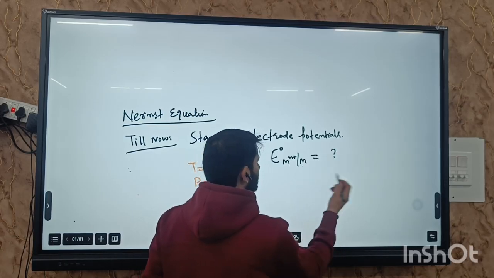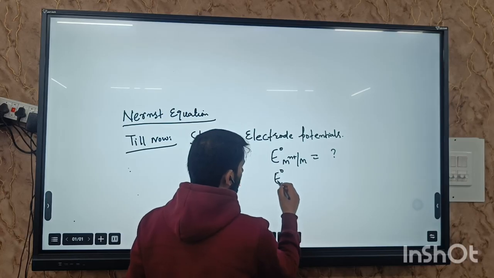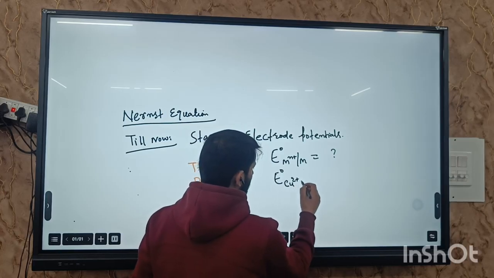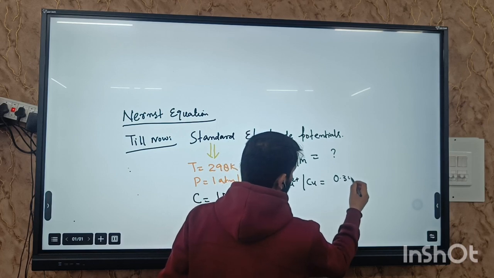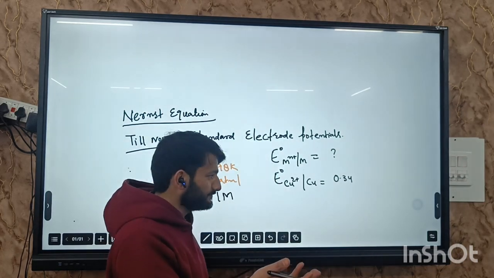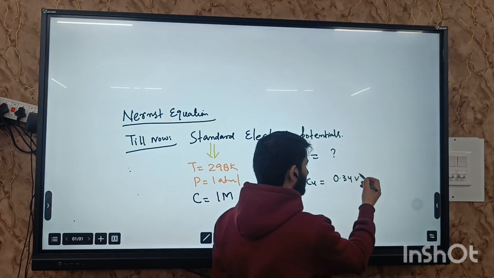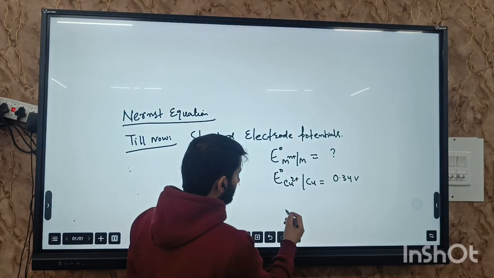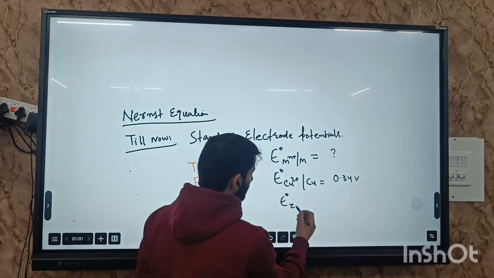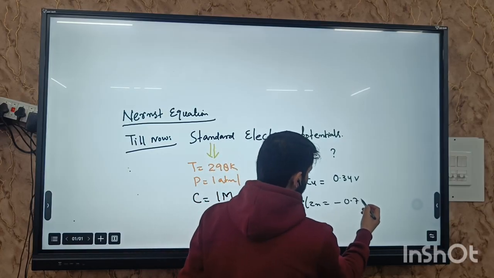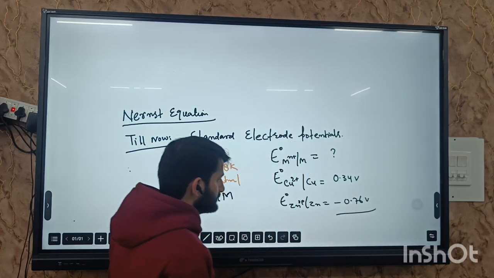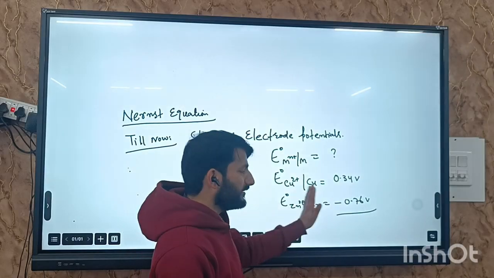For example, copper 2 positive to copper, you know this value is 0.34. You remember everything with time. Similarly, the standard electrode potential of zinc 2 positive to zinc is minus 0.76 volt.